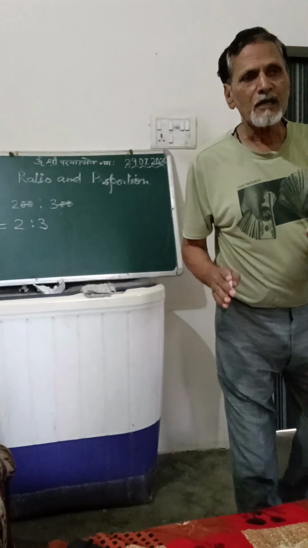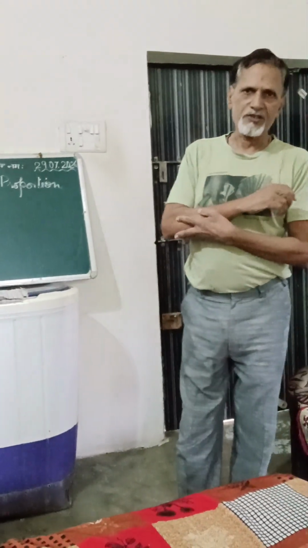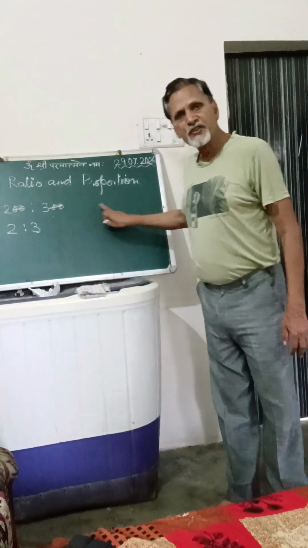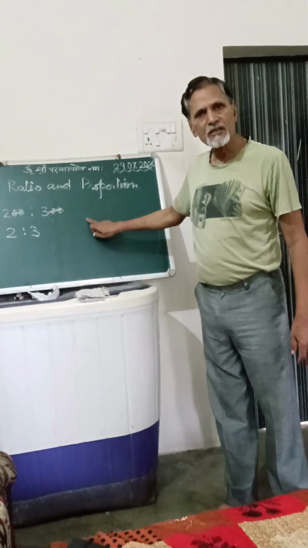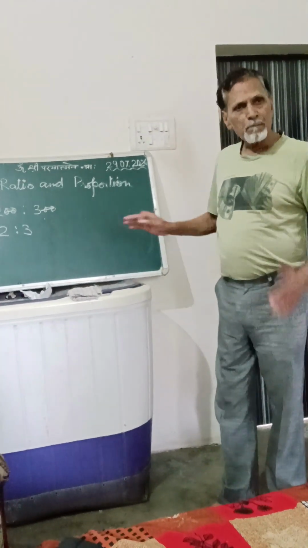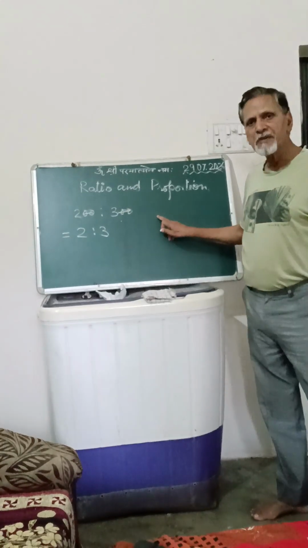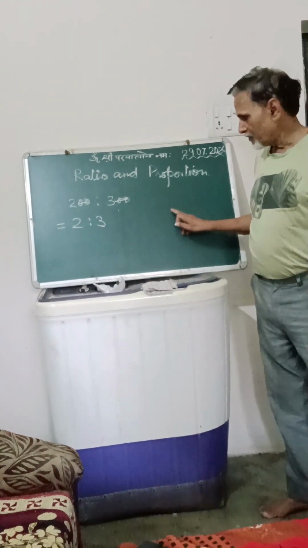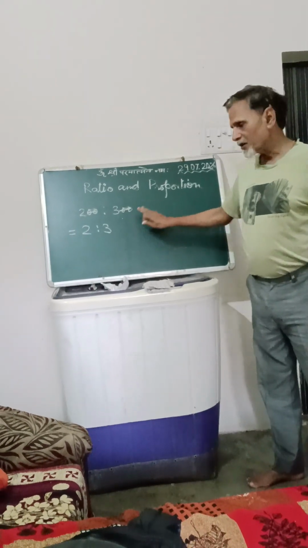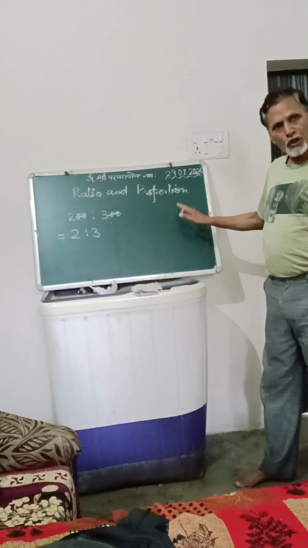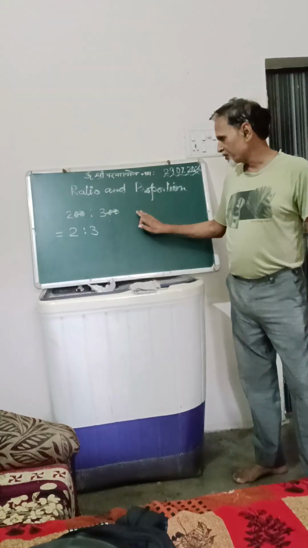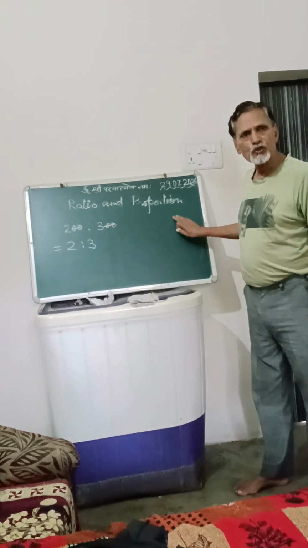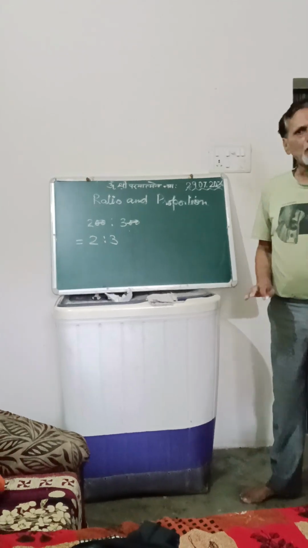Another process to check proportion is that the product of extremes, I mean the first and fourth, must be equal to the product of means, I mean second and third. If the product of first and fourth is equal to the product of second and third, all 4 numbers are said to be in proportion.